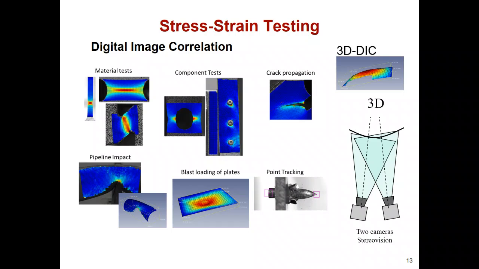I think the current state of the art for strain measurement is digital image correlation. The one thing to point out is that without a pattern, we cannot measure. But the easiest way to generate a pattern is to spray something, which makes an artificial pattern on the solid material.